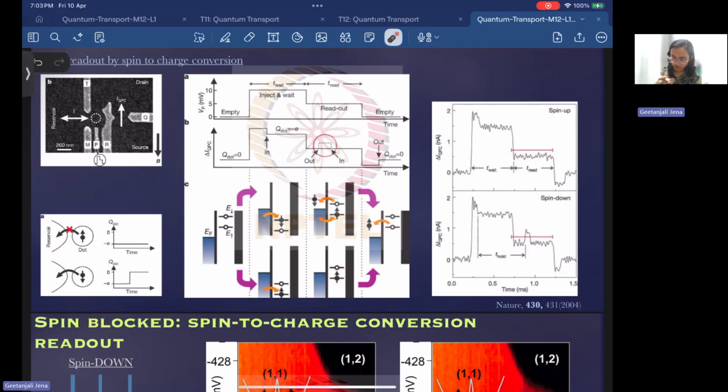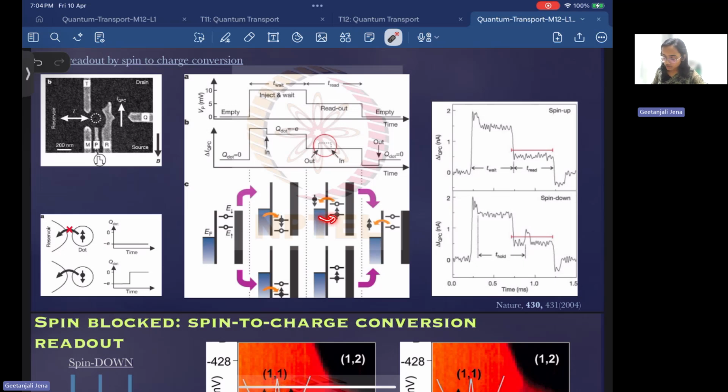Okay, so the electron was in the spin down state. For this case, if you consider that the electron is in the spin down state, we can see that the electron can tunnel out from this quantum dot. So that is why we see an increase in this current. Now, because the dot is already empty, it's possible to see an electron tunneling into this quantum dot depending on the voltage.